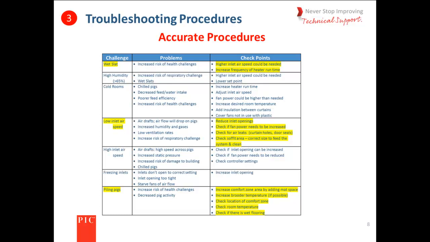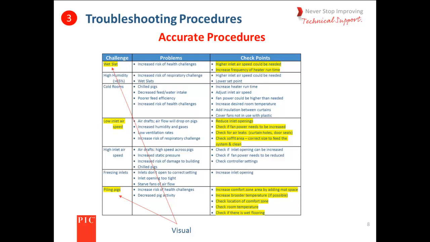So in this specific case, we have one table with the challenge that we are seeing, and the checkpoint that we want to check or review. So the visual things in this case were wet slat and piling peaks. If we have our tools, we could know if we have lower speed or not. If we found, hey, we have lower speed, pile peaks, wet slat, and we are reviewing our checkpoints, we can see at least 8 different checking points.